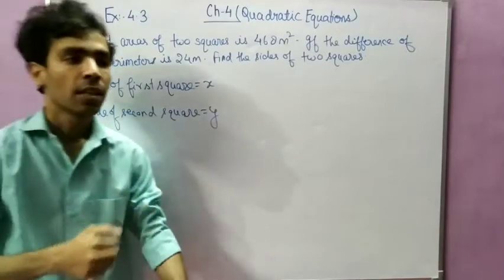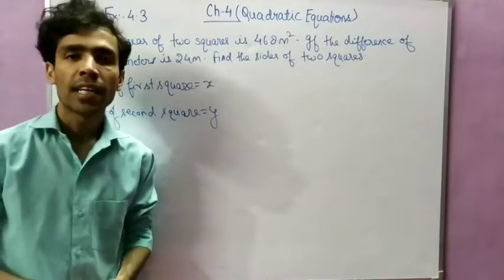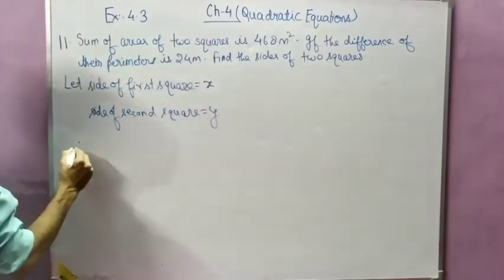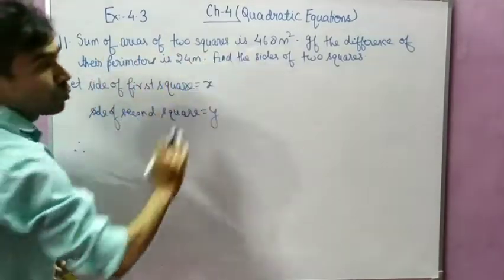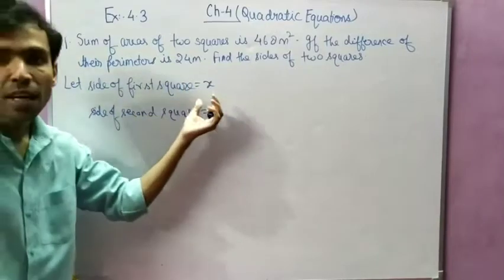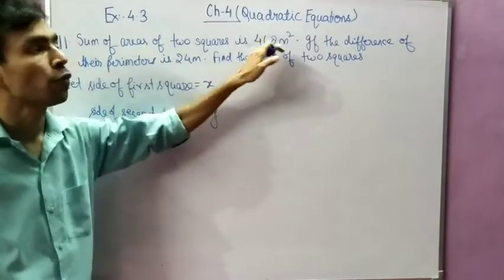We all know that the area of a square is side square. So according to the question, the area of the first square plus the area of the second square is equal to 468.